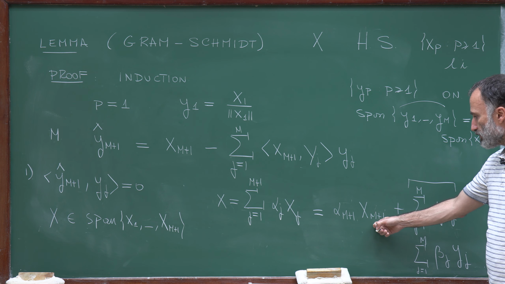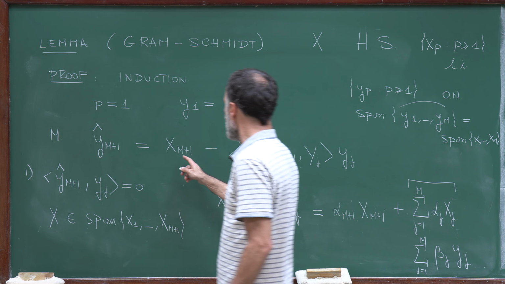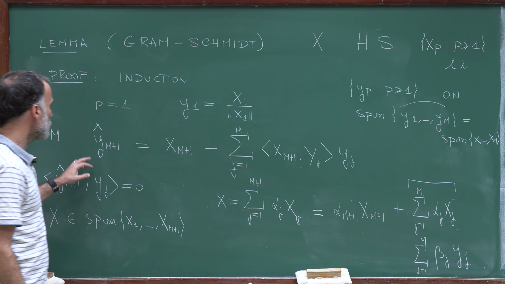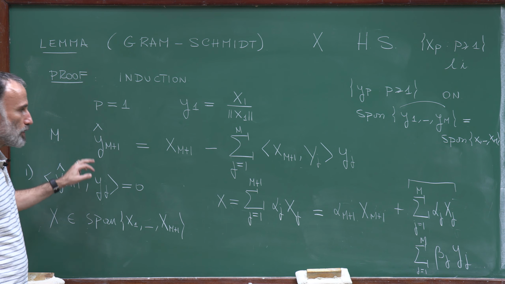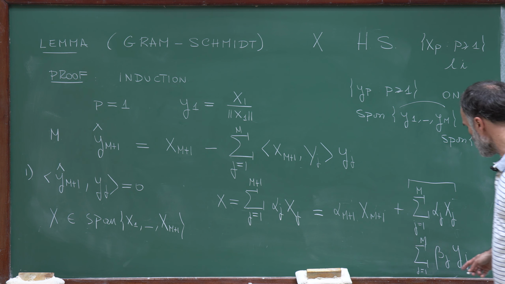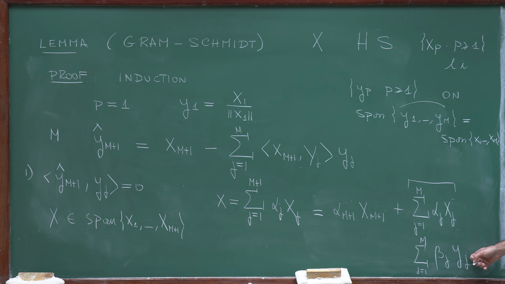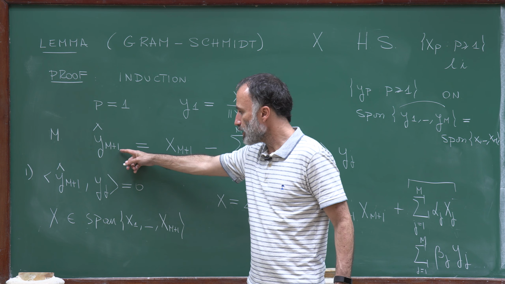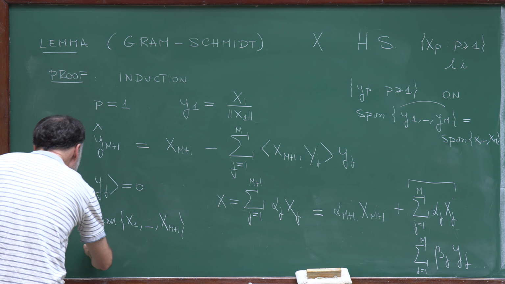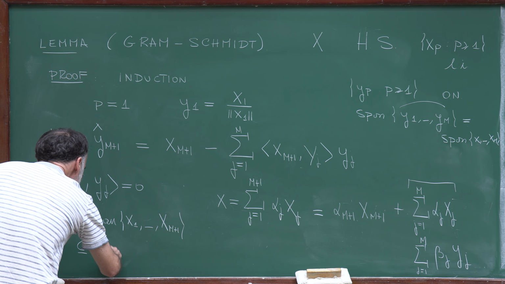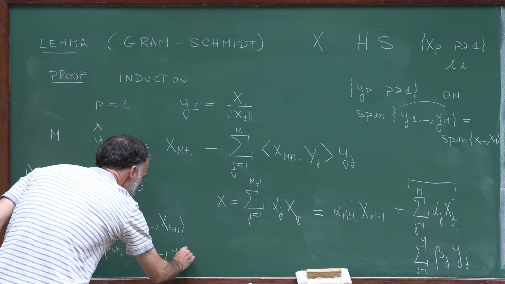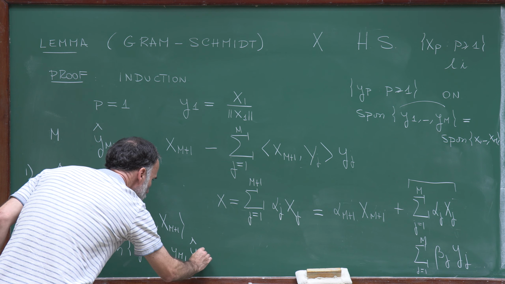On the other hand, I have here x_{m+1}. x_{m+1} can be expressed in terms of the y_j and y hat m plus 1, which means that this vector x can be expressed in terms of y1 up to y_m and y hat m plus 1. So this proves that the span of x1 up to x_{m+1} is contained in the span of y1 up to y_m, y hat m plus 1.